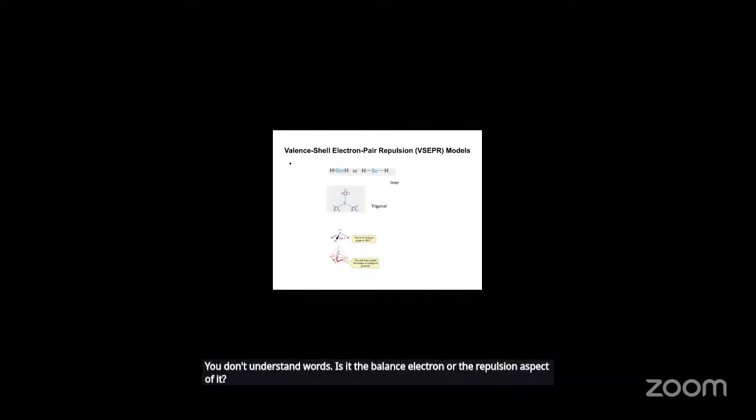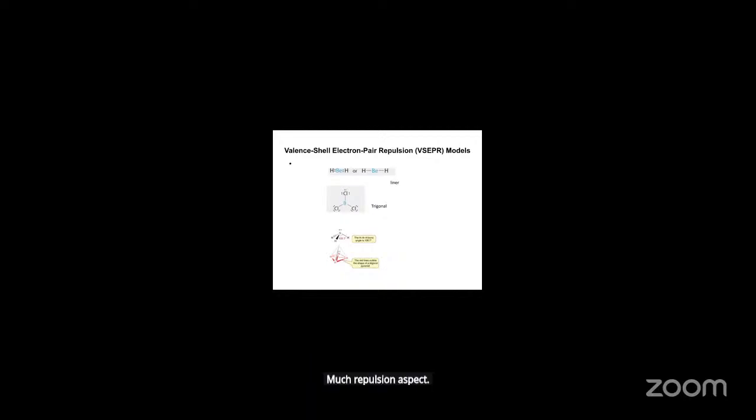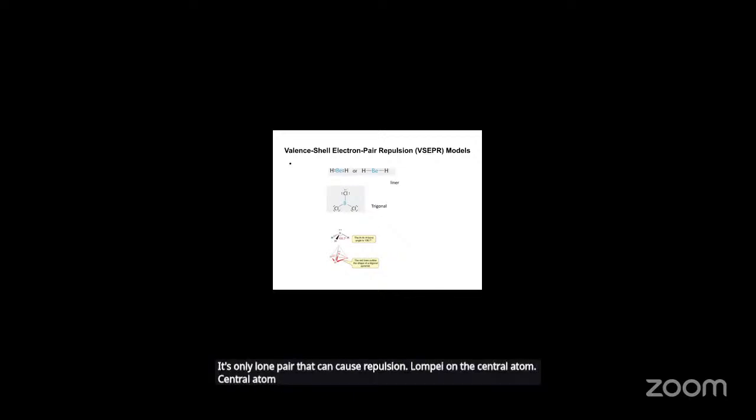The repulsion aspect. Repulsion occurs when there is presence of lone pair. It's only a lone pair that can cause repulsion, the lone pair on the central atom. The central atom here is nitrogen. If there is no lone pair, there will be no repulsion.